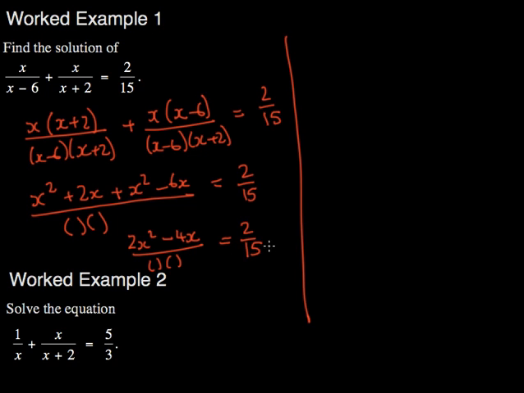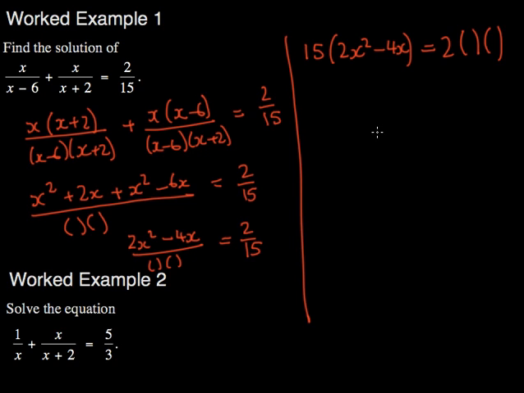I can multiply my 15 up, so it leaves just 2 on this side. And if I did it in the mirror image, I can then multiply these 2 brackets up to here, to the 2, and that gets rid of all my fractions. So on my left hand side I have 15 lots of 2x squared minus 4x, and on my right hand side I've got 2 lots of those brackets.